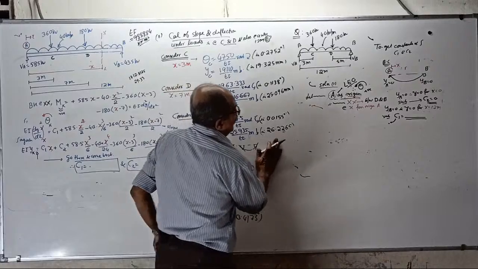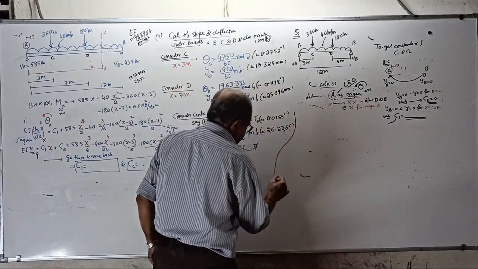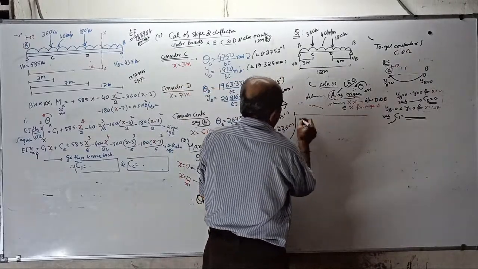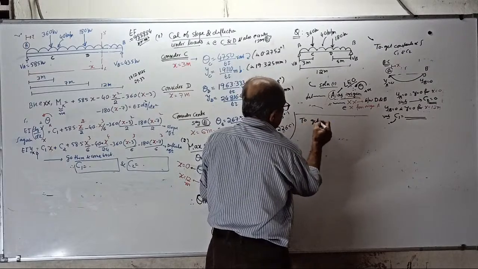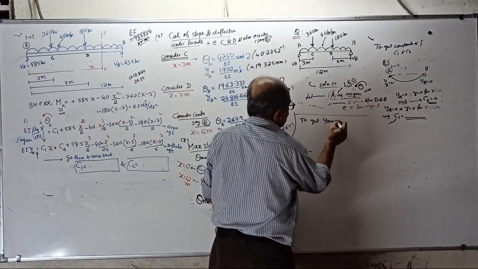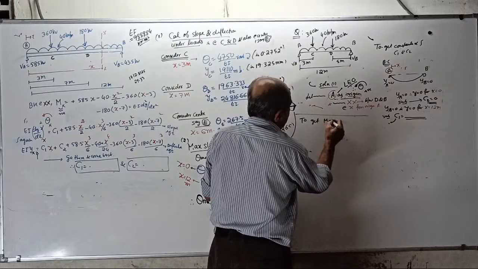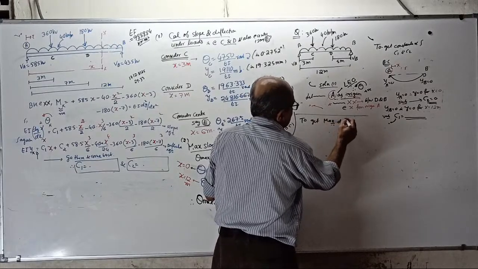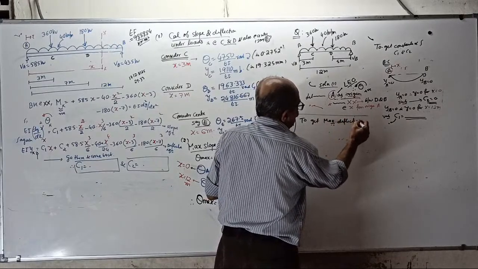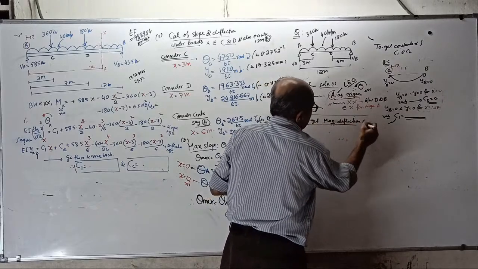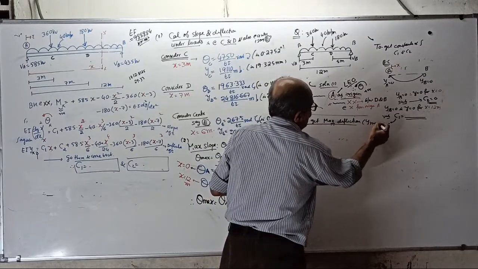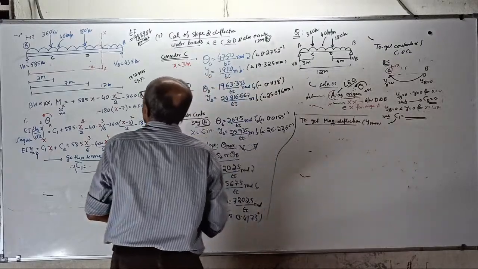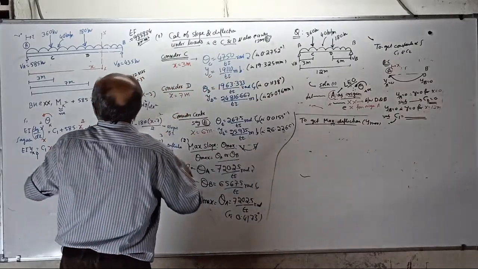Now important, all over, last important, next is to get Y maximum. You write correctly, maximum deflection. Start. That is Y maximum. First, where Y is maximum, symmetry is not there.